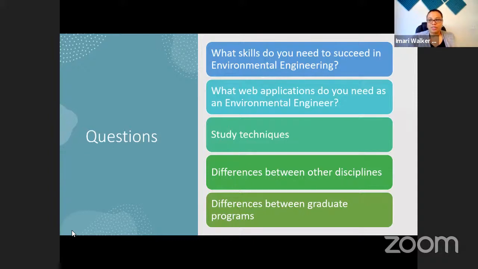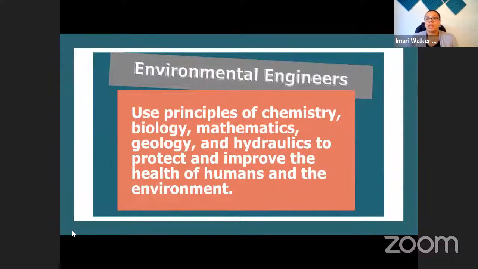So first question, what kind of skills do environmental engineers need? And before we even get there, let's just take it back a second, just to make sure everyone's on the same page. Environmental engineering is the combination of multiple disciplines to work to protect and improve the health of humans and our environment.